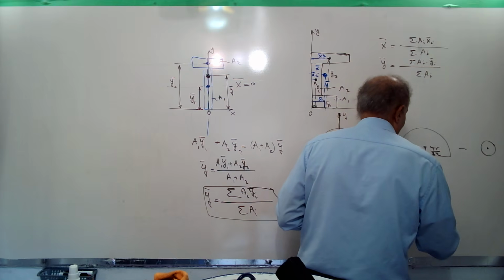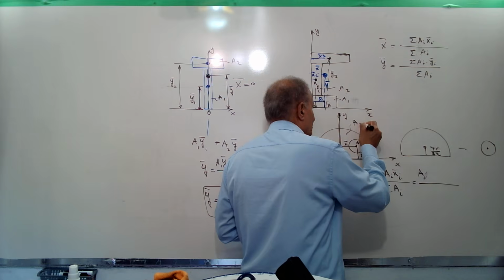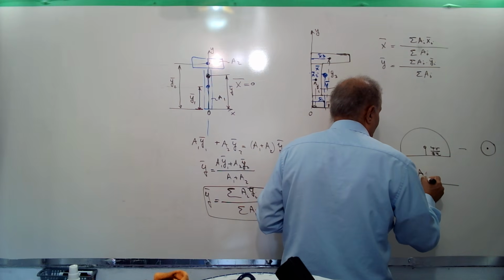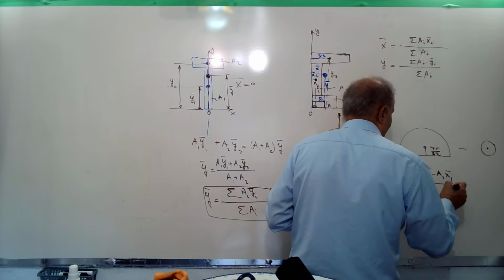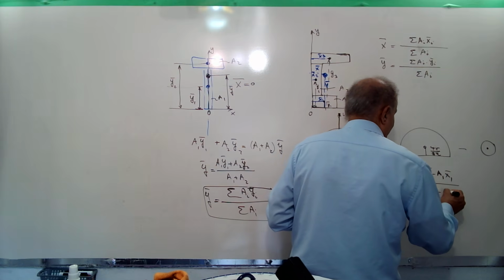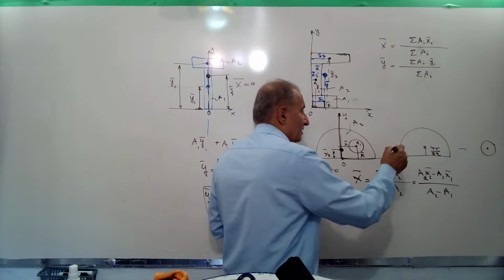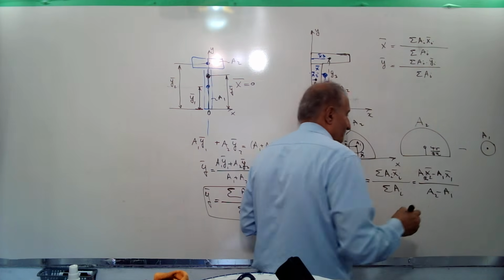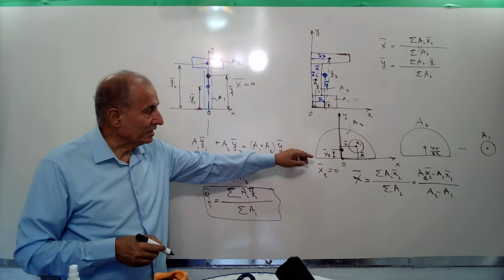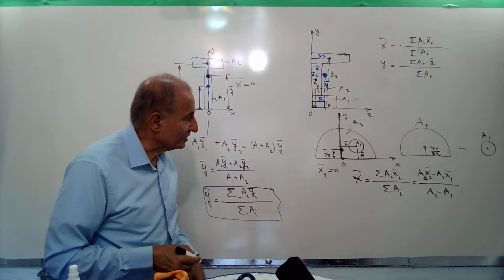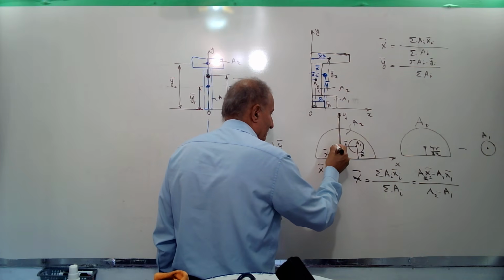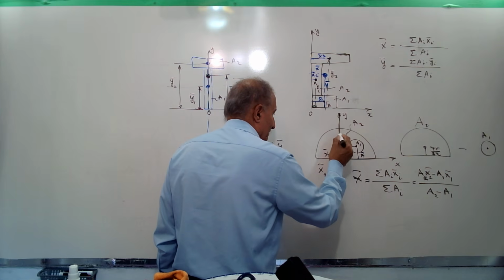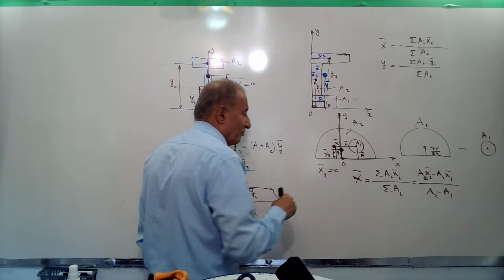It means that we have A2 x bar 2 minus A1 x bar 1, and this is divided by A2 minus A1. This gives you the x distance of the centroid. It comes a little here and maybe over. That's the x bar, and that is the y bar.